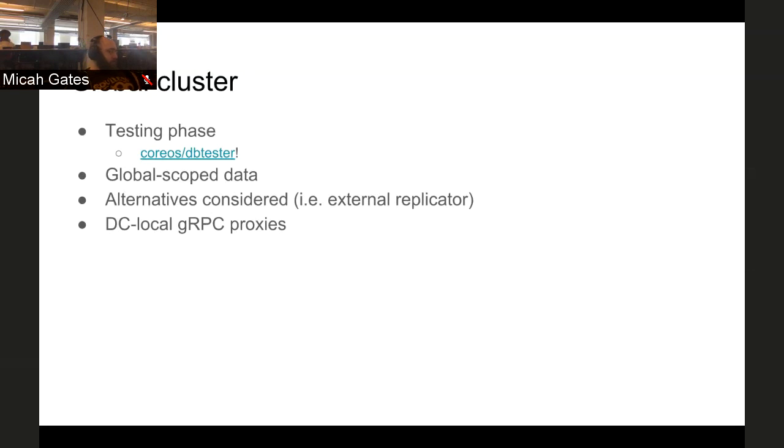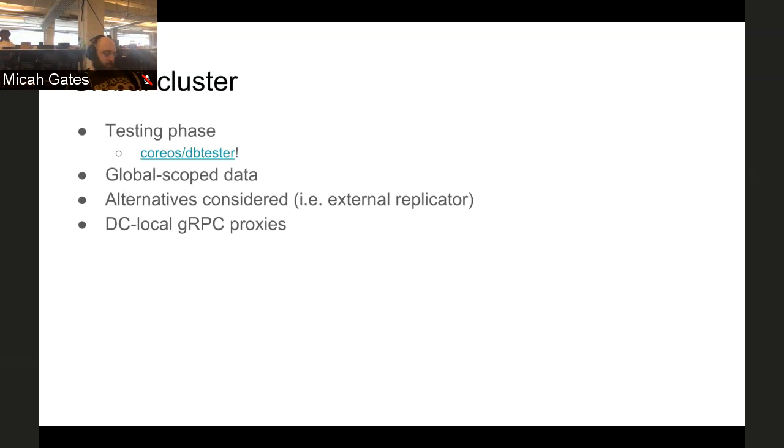We're also testing out having the etcd gRPC proxies in each zone that a global cluster is spread across, and then the local agents in that zone would just connect to the DC local proxies to reduce cross data center watches and just coalesce the watches from those proxies.